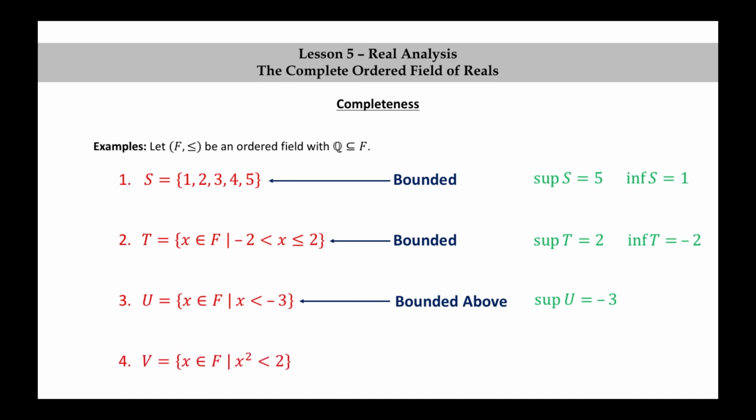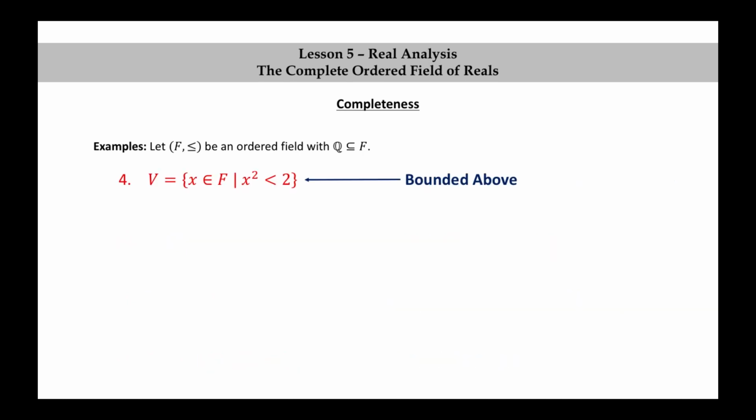One more example. The set V equals the set of x in F such that x² < 2 is bounded above. Let's look at this carefully. V is bounded above by 2 because if x is greater than 2, then x² is greater than 4.